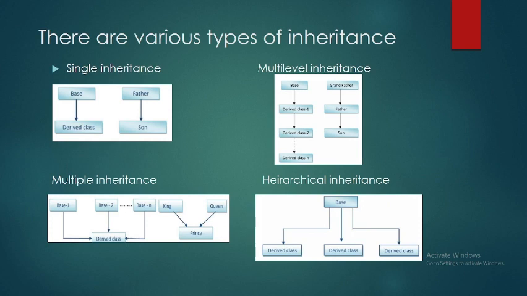For example, it can be staff having one common head. Then there's another type of inheritance called hybrid inheritance. In that, you can take whatever mixtures or combinations of these four inheritances. Remember, there are no rules to make inheritances, but make sure you have the right syntax and the right flowchart.